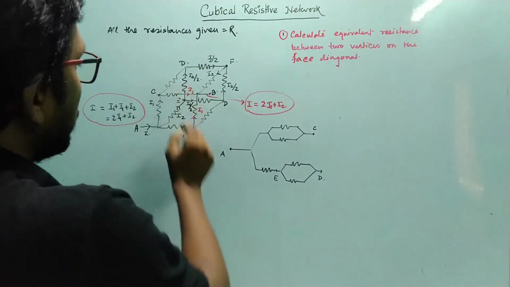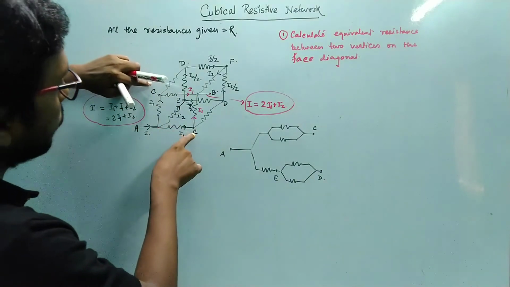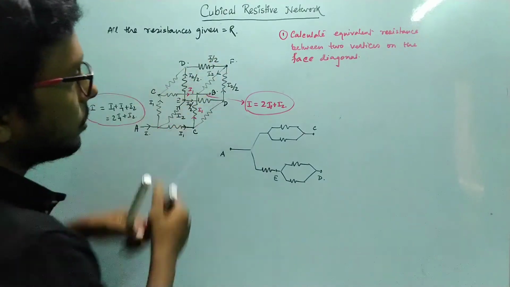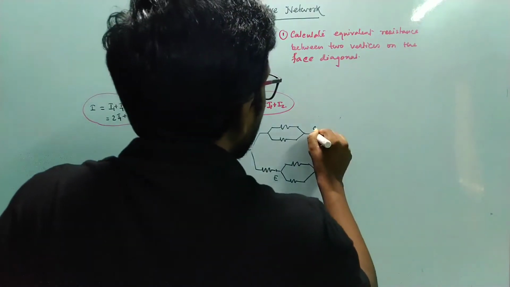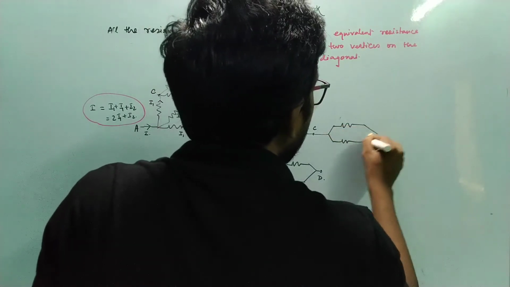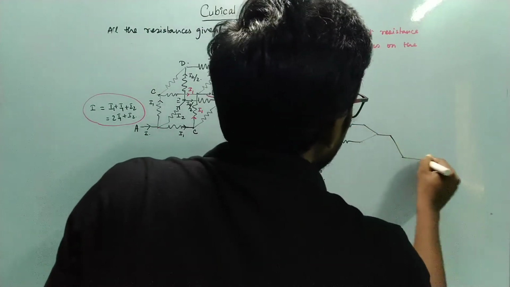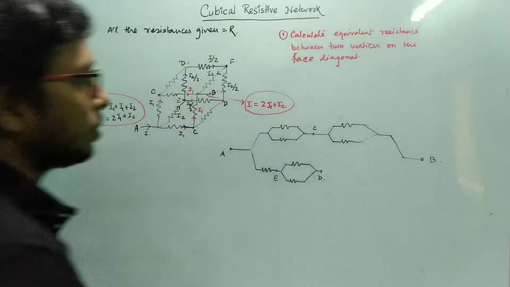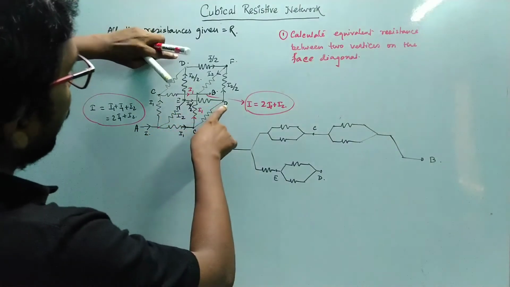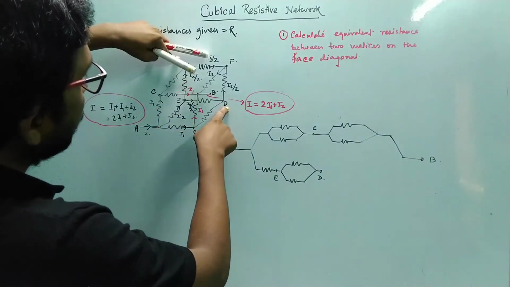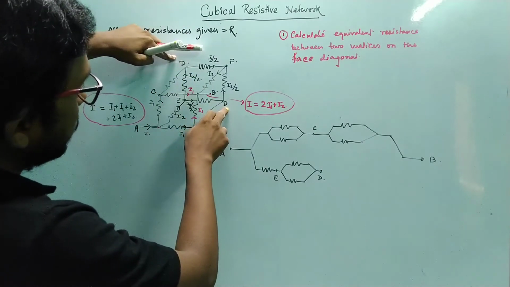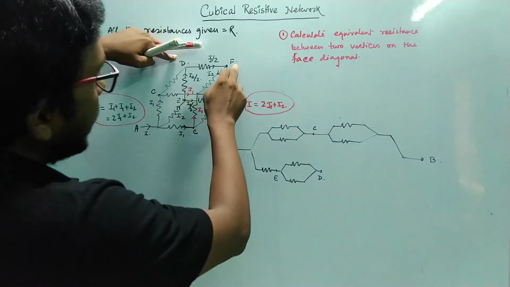From these two C I am entering at B. So I can draw it like two resistances are starting from C and they are ending at B. And from these D, I can say that two resistances are starting from D and they are ending at F.